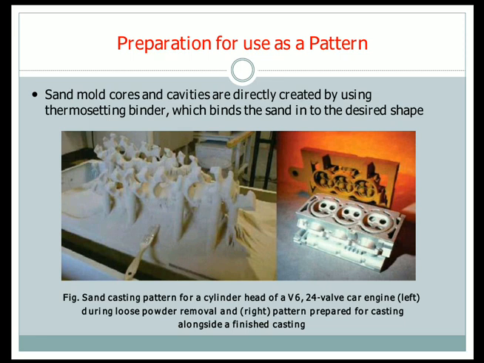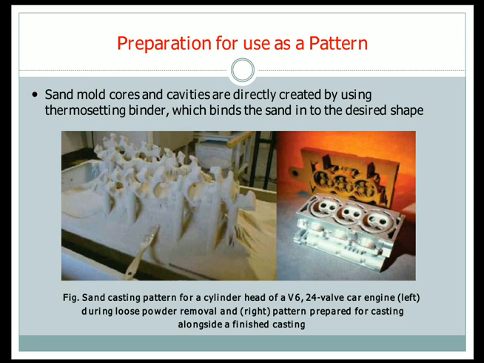Here also the molds or patterns manufactured from sand are subjected to the thermosetting or baking process, and we will get the hard component, and we can use it for metal casting or manufacturing of real 3D components.